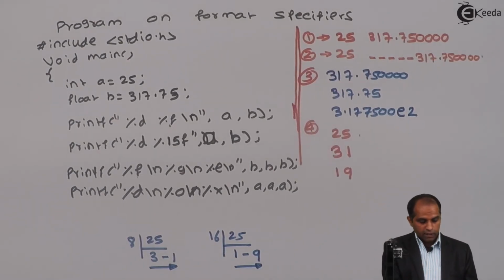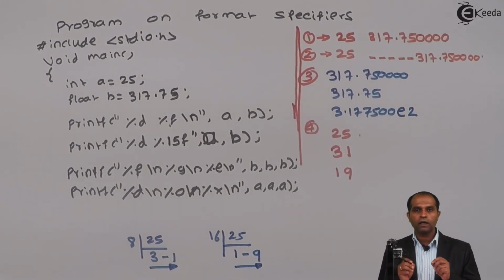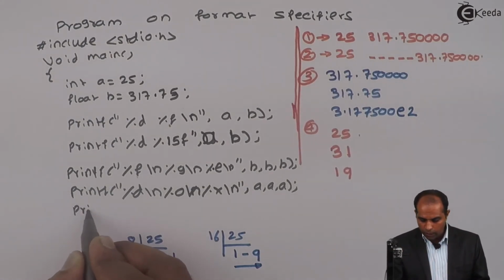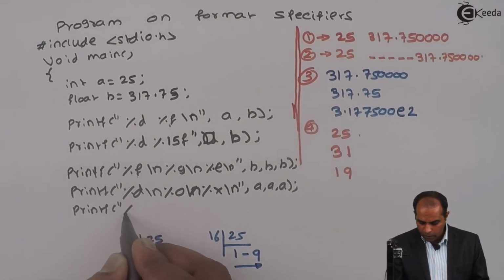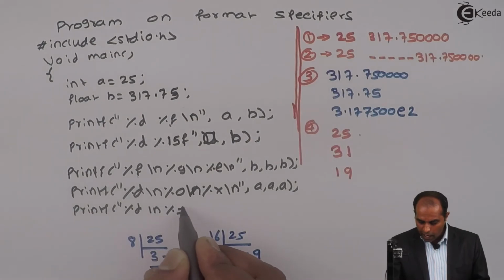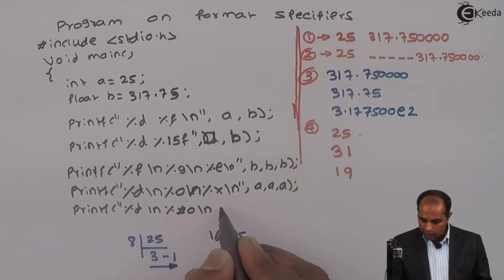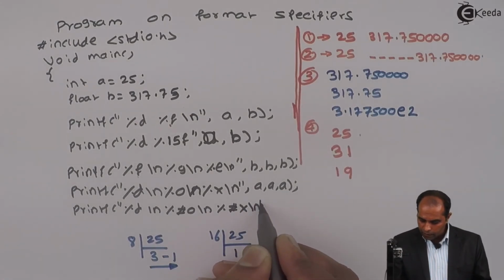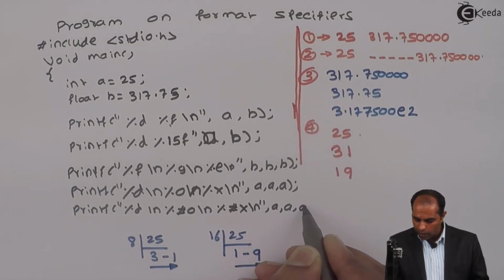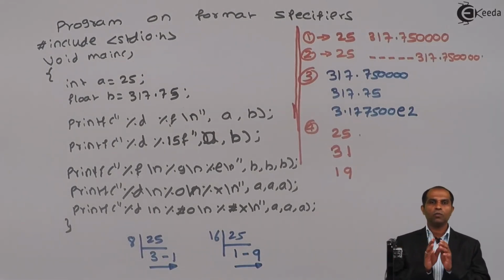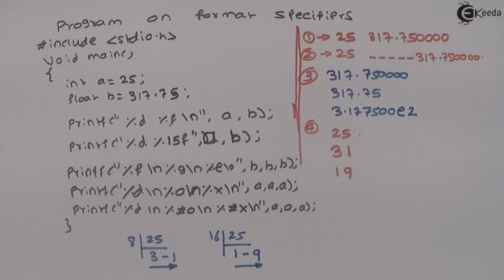If you feel that these octal values or hexadecimal values have to be printed with their preceding prefixes, that is 0 and 0x, what I can do is use a printf instruction at this place. I'll say printf %d \n, %#o \n, %#x \n, comma a. So the hash flag just makes the output appear with the prefixes for the three specifiers.